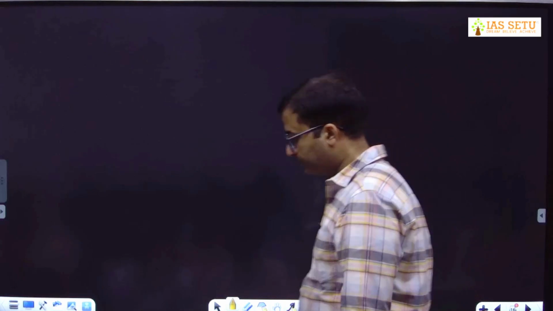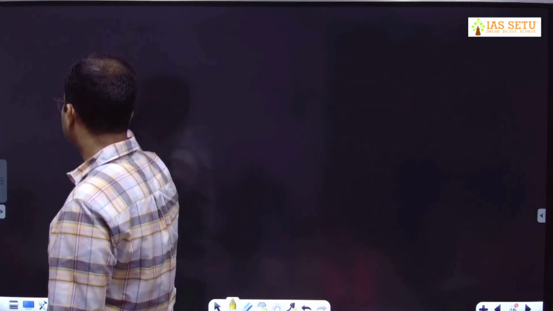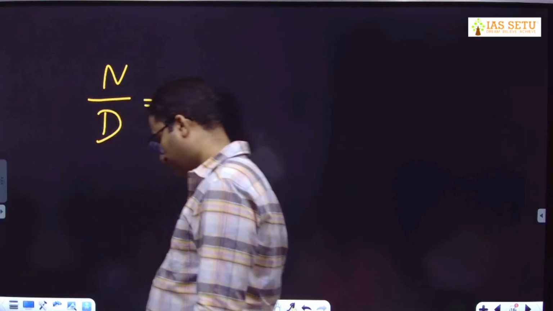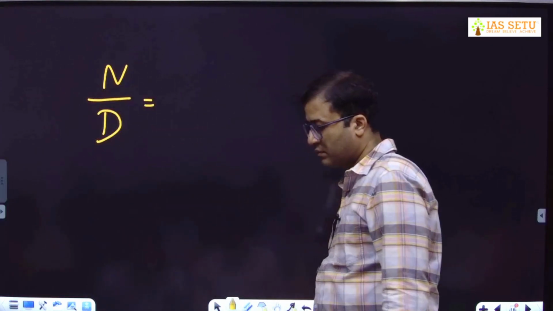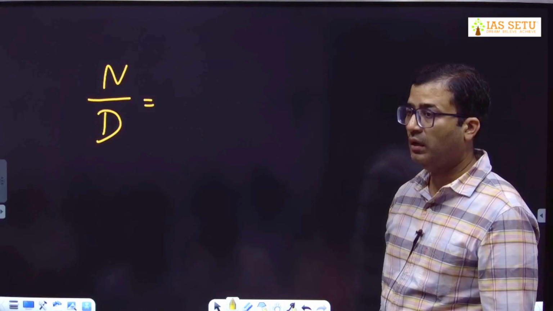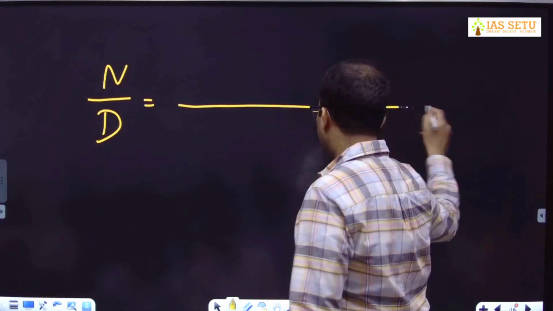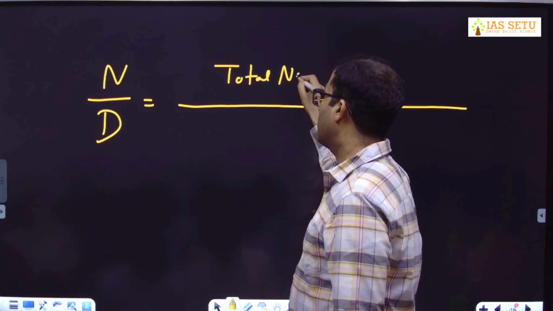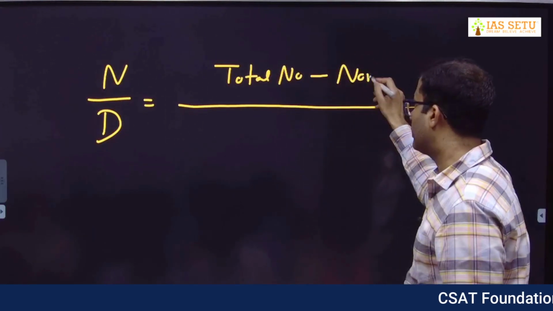Now you write numerator upon denominator. Our numerator is total number minus non-recurring part.